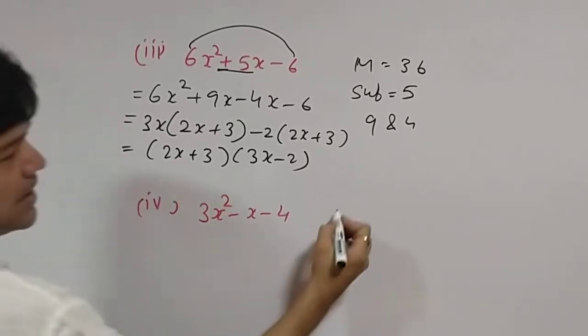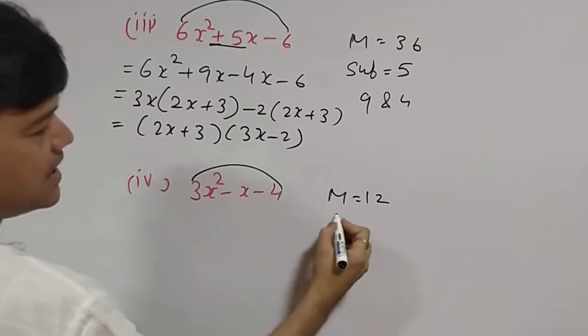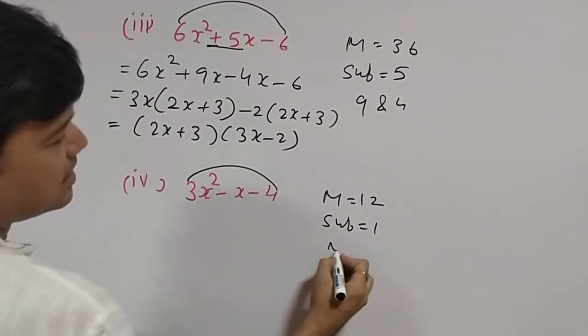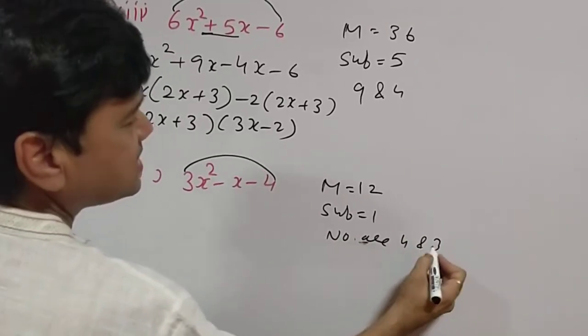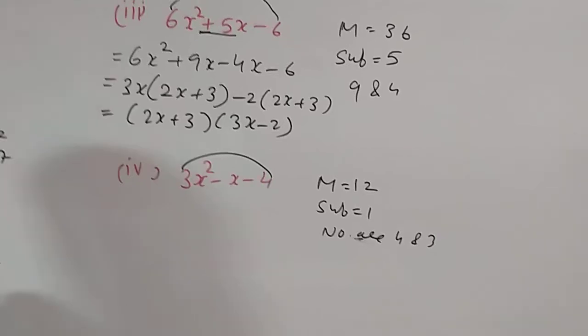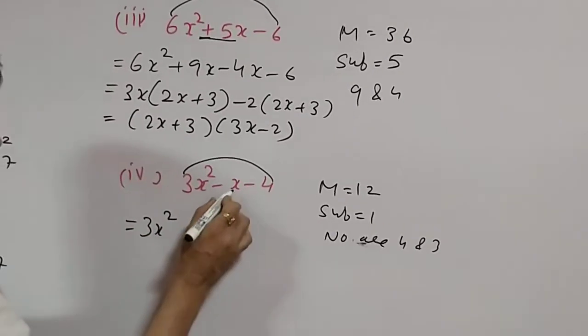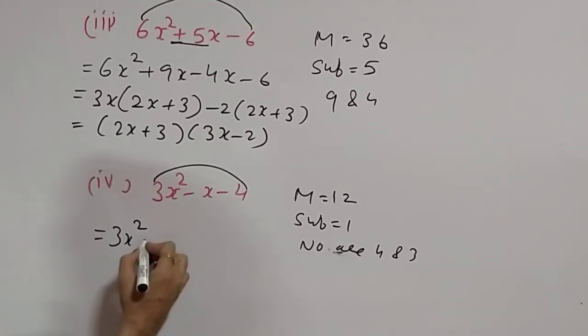Again, multiplication is 12. Last sign is minus. Subtraction is 1. So the numbers are 4 and 3 itself. 4 minus 3, 1, and 4 3s are 12. So 3x square, you want minus x. So the bigger one is minus, smaller one is plus.